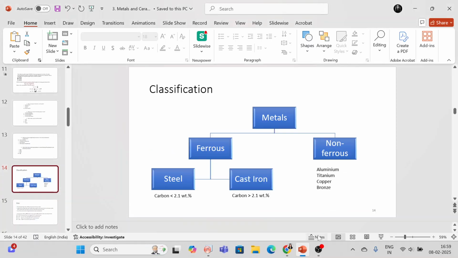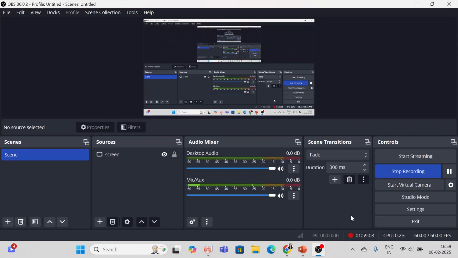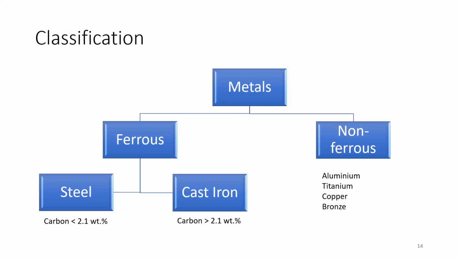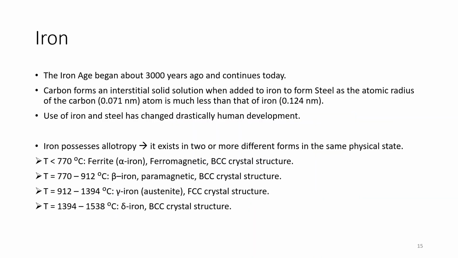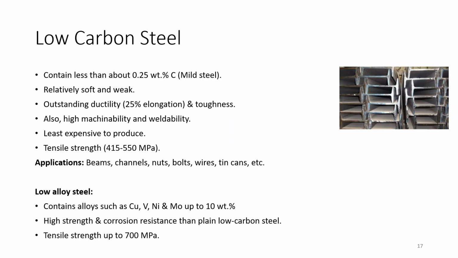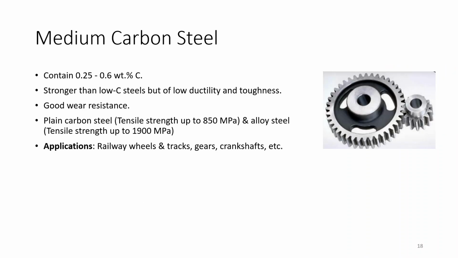These were the classifications of metals, ferrous and non-ferrous. Then classification of steel, types of steels, and you should remember some of the applications as well.